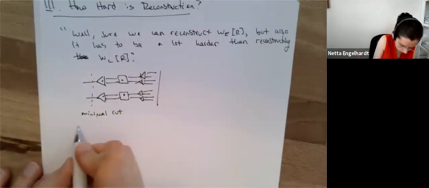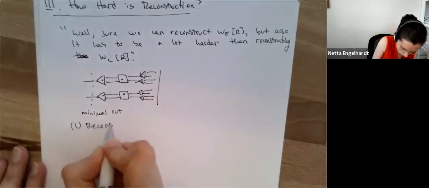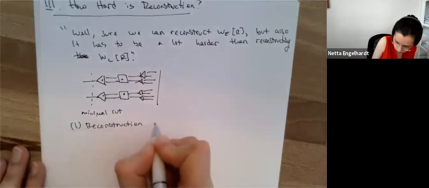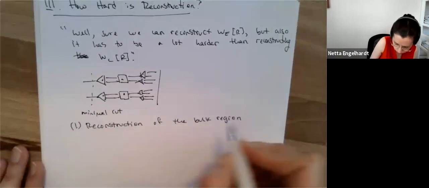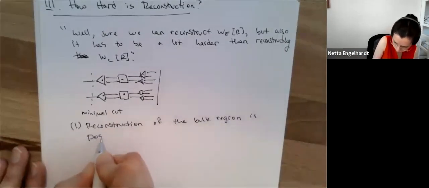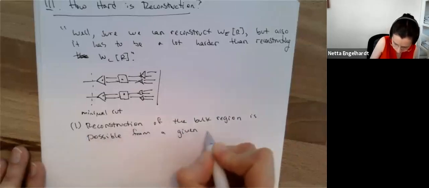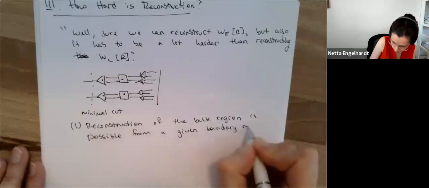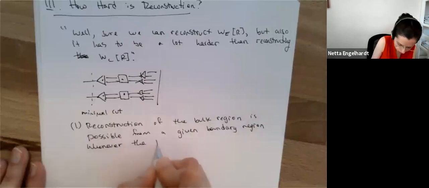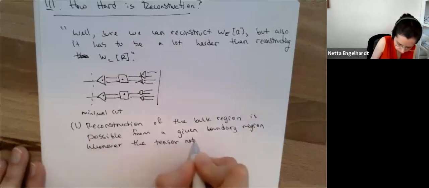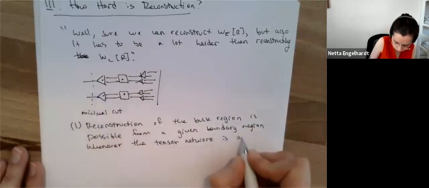So one, points to note. Reconstruction of a bulk region from a given boundary region is possible whenever the tensor network, the entire circuit from this to that, is an approximate or an average isometry.